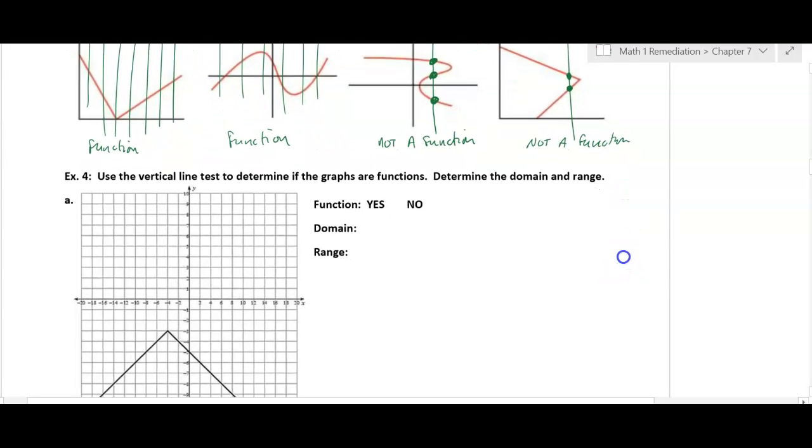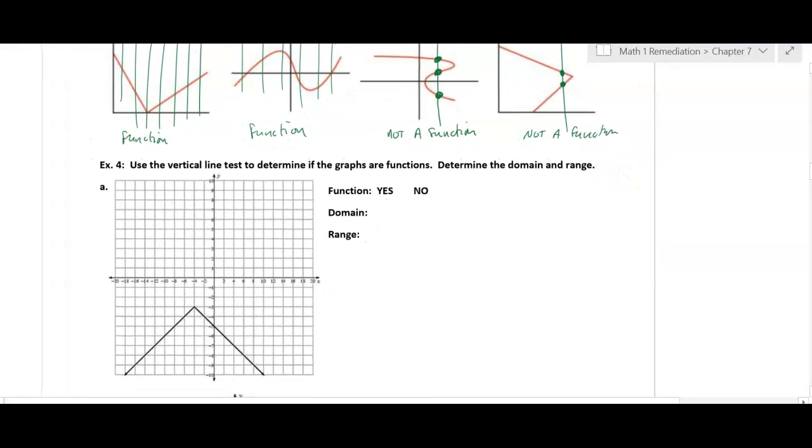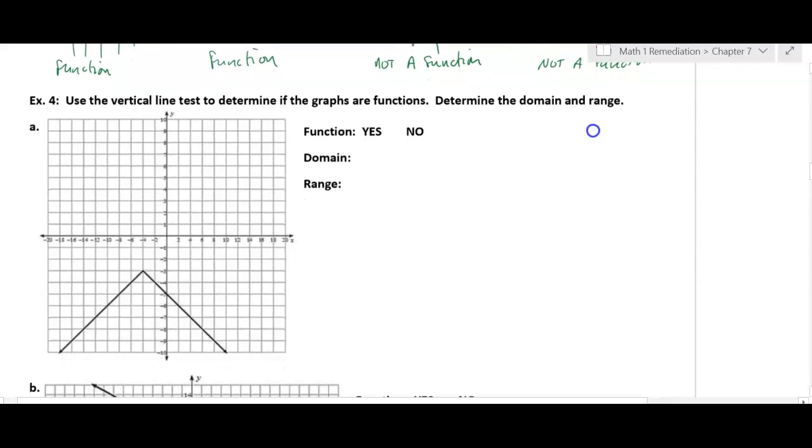So now this is where we talk about when we look at the domain and range of these. If the dots are connected, meaning it's continuous, we would write our domain and range in interval notation. If they are just a bunch of points in the coordinate plane, we would go ahead and use set notation and write each element independently.